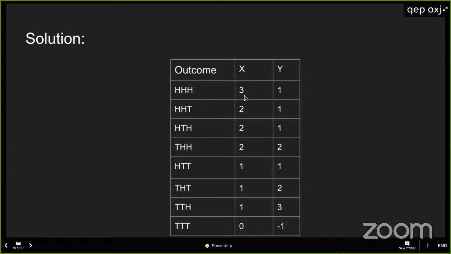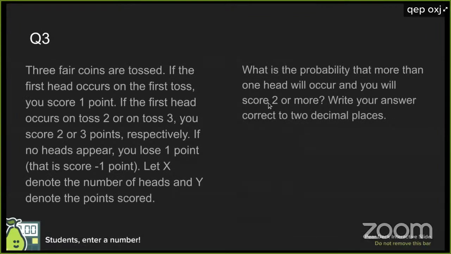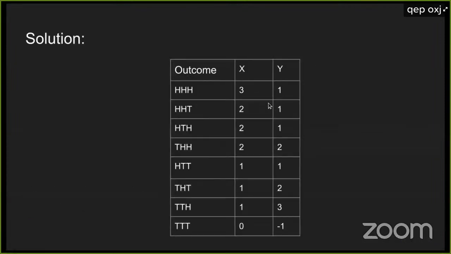X will take value 3, and what points will we get? 1, right? We have already mentioned that if the first head occurs in the first toss, he'll score 1 point. So when HHH is there, your X is 3, but your point is 1, correct?